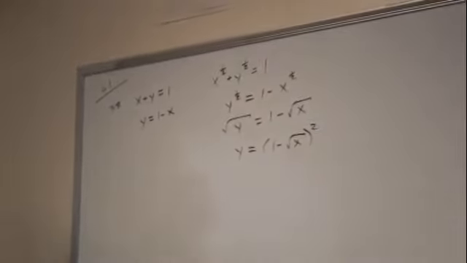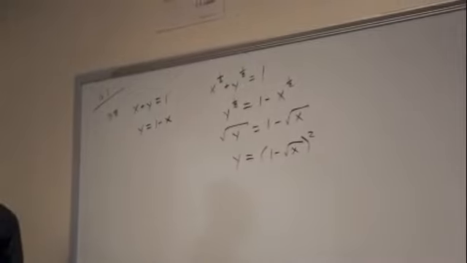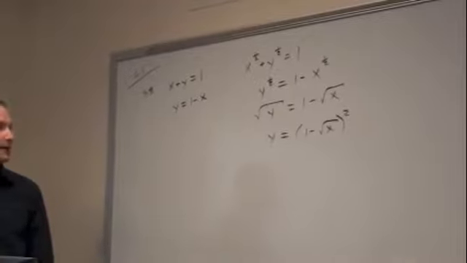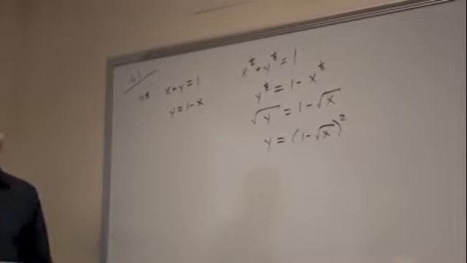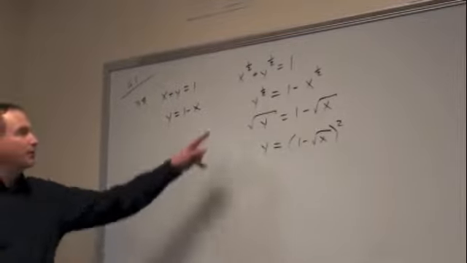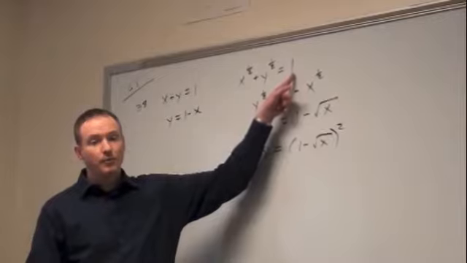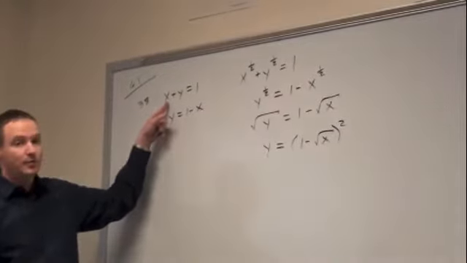Okay. Now, when I think about these two graphs, it might be somewhat problematic to try to graph the second one on your own. Now you could get a pretty close graph because we already know the x and y intercepts of this graph are 1 and 1 as well. Same thing as this one.